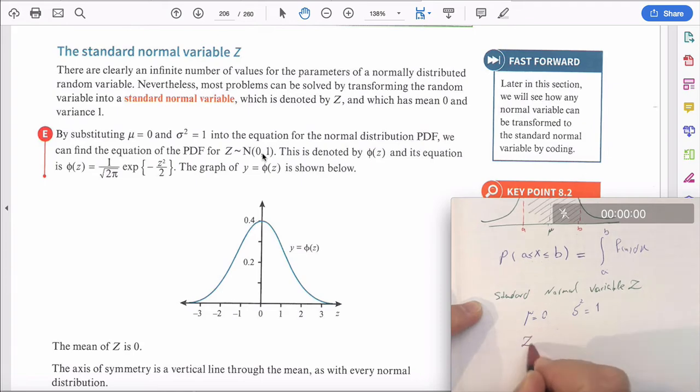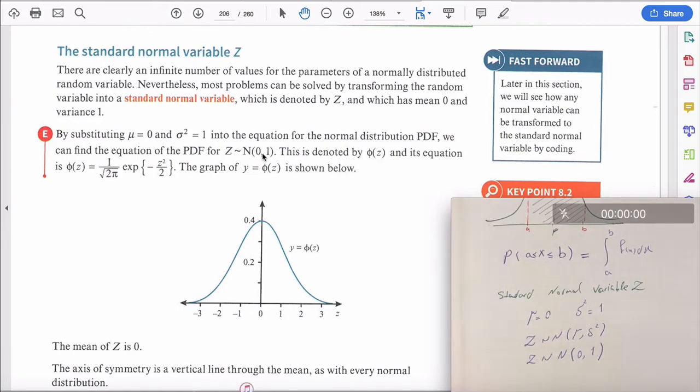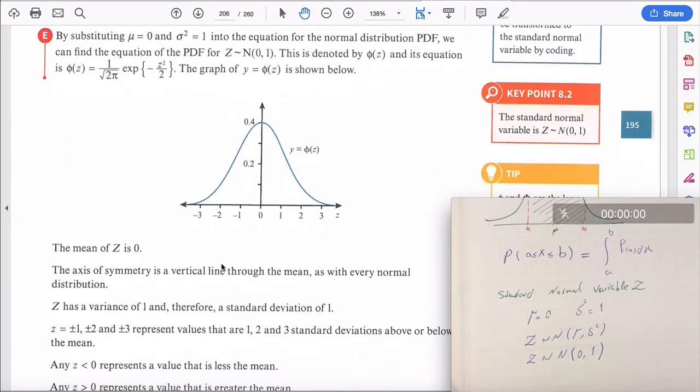As you see, z has the normal distribution with mu and sigma squared. So in a standard case, mu is 0 and sigma squared will be 1. If it is not a standard, I will teach you how to make it a standard in following parts.